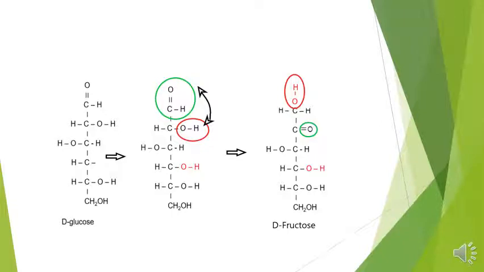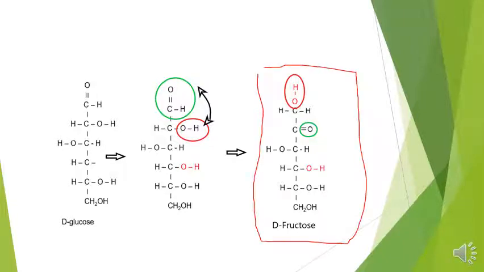Now let's do fructose. Fructose is going to be a little bit different. The way that I do it is I start out with glucose. I draw out glucose, 1, 2, 3, 4, 5, 6. Draw this one, then draw this one, and then it's right, left, right.